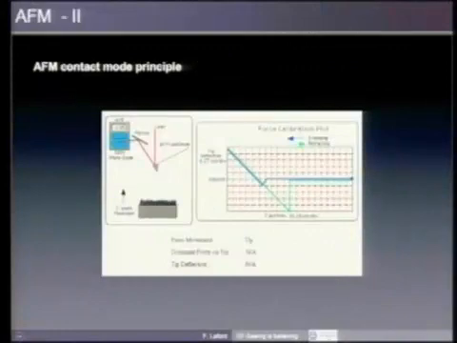What you can gain is information about the height with nanometer scale resolution. This is, from my point of view, the main advantage of using atomic force microscopy for this kind of study. The main advantage is really to study force interactions.